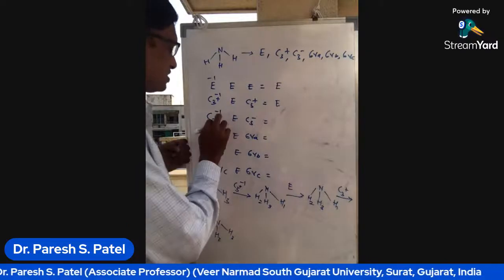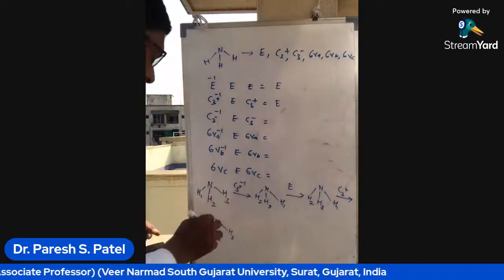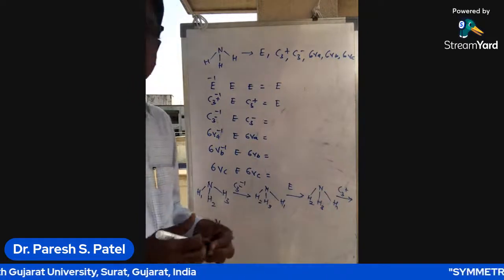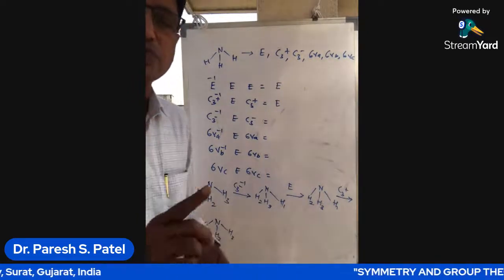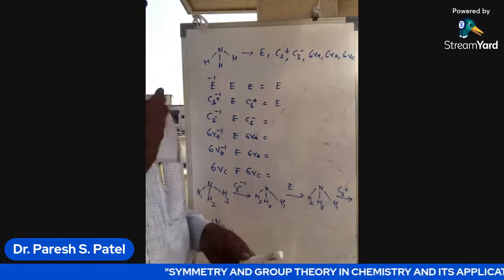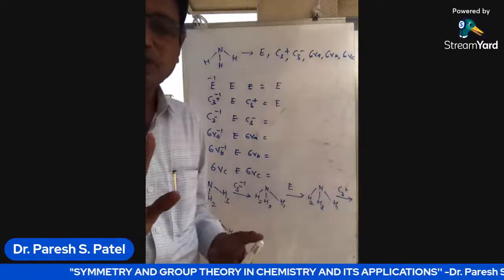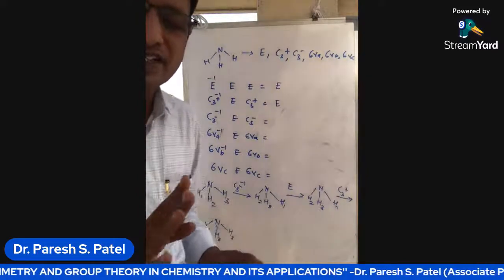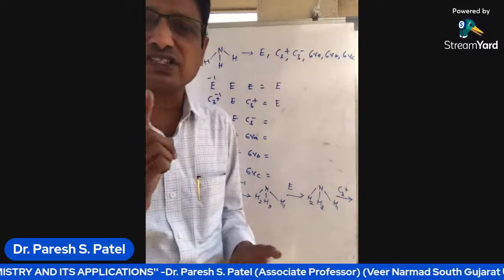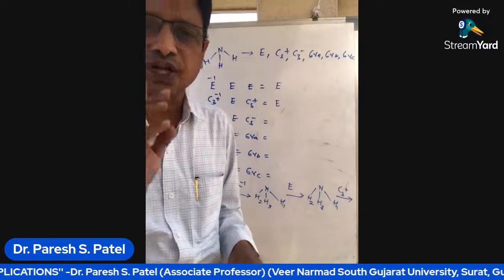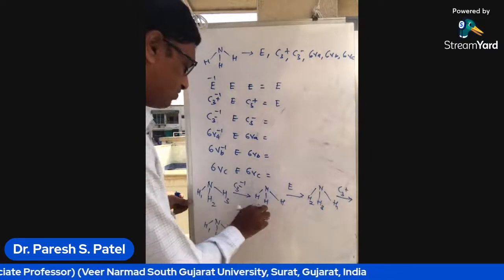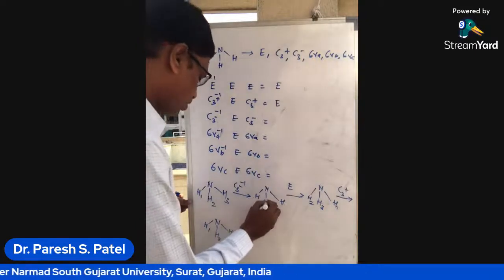Similarly, if you go for C3 minus inverse: C3 minus means one time anticlockwise rotation, and C3 minus inverse means one time clockwise rotation. So remember that, dear students. In case of the ammonia molecule, if you go for C3 minus inverse, it means one time clockwise rotation.